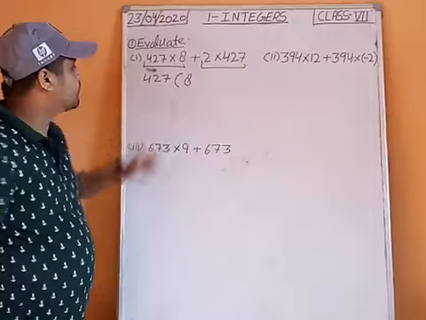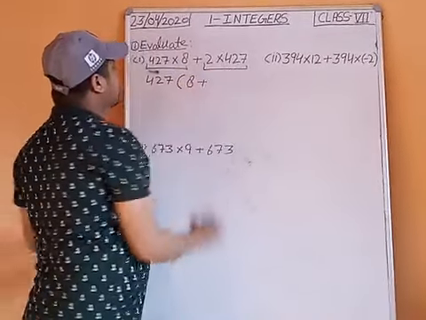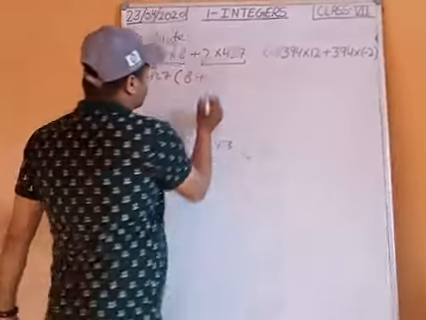Then which sign is here? Plus sign. In the same way, now we will divide this portion. Then 427 by 427 gives 1, and 2 remains 2.